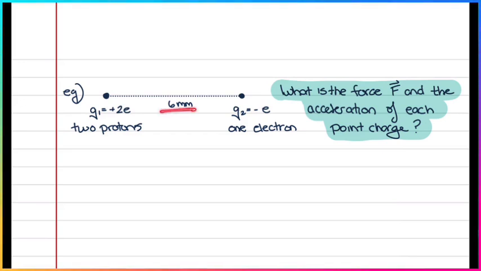And they are separated by 6 millimeters. The question is, what is the force and the acceleration of each of these point charges? For each of these quantities, I want to calculate a force, which means a magnitude and a direction, and an acceleration. And remembering from first semester physics, that's also a vector, so I also need to say something about a magnitude and a direction.